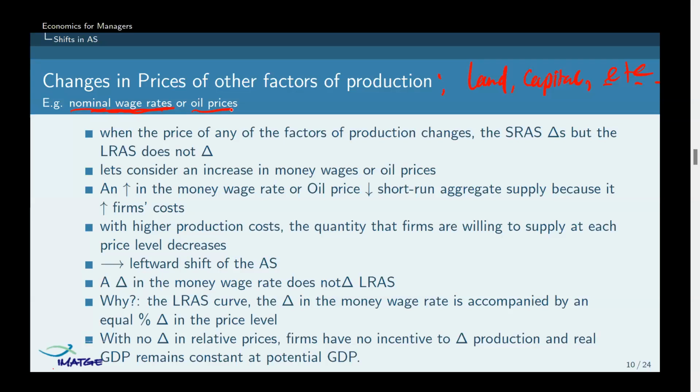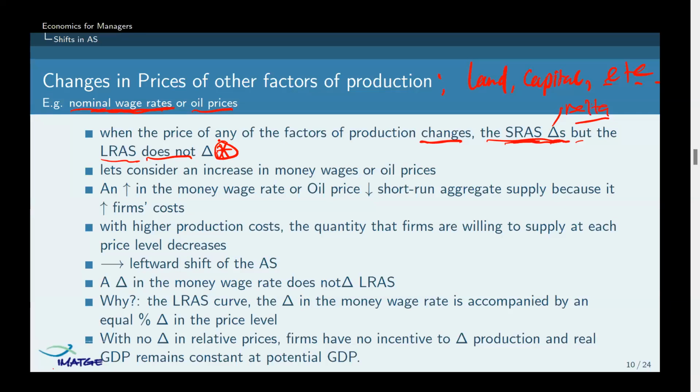So that's why when oil prices increase, you need to understand how that affects the economy using the AS-AD framework. Right. So when the price of any of the factors of production changes, the short-run aggregate supply changes, right? I hope you understand my notation here. This delta is simply short for change, right? So I'm saying here, when the price of any of the factors of production changes, the short-run aggregate supply changes, but the long-run aggregate supply does not change.